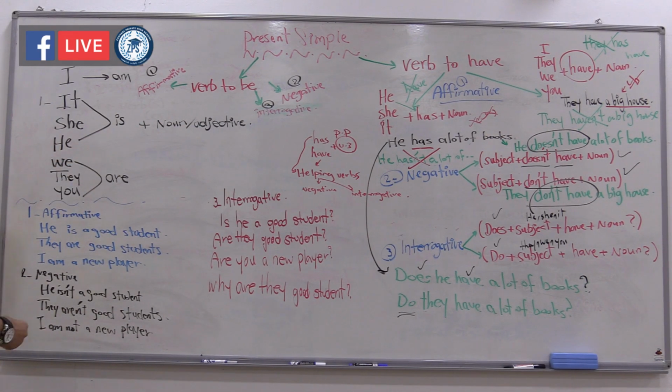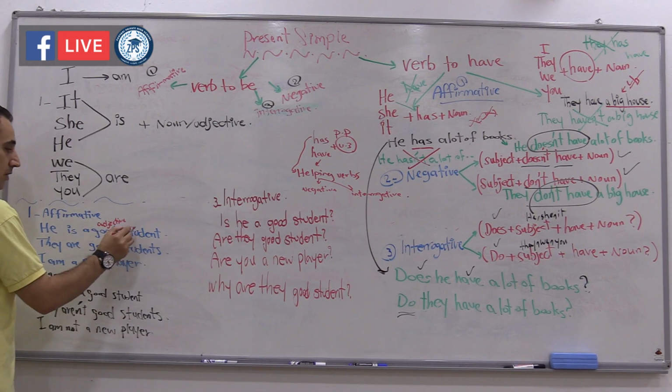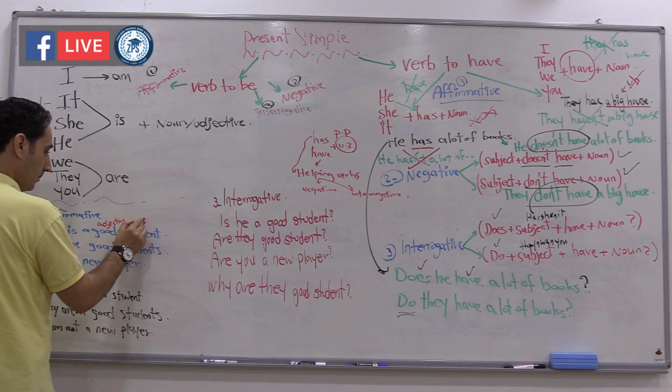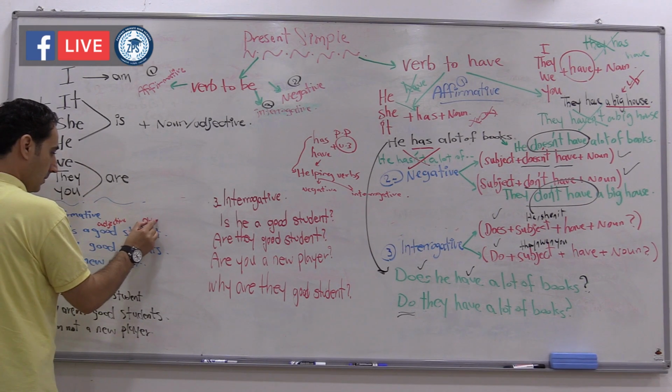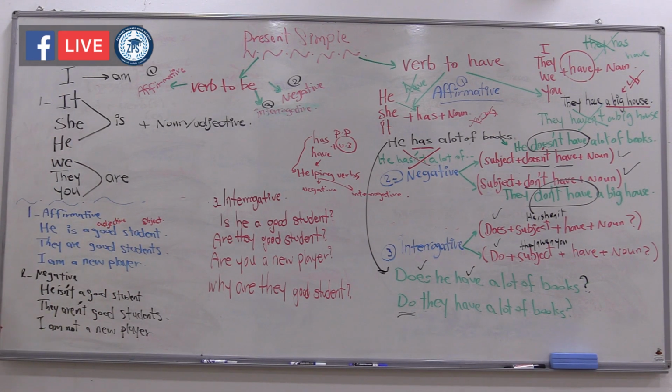So, good is an adjective. Student is an object, or complement. And he is the subject.